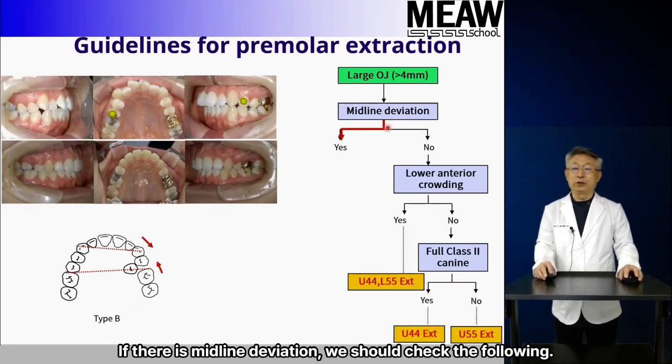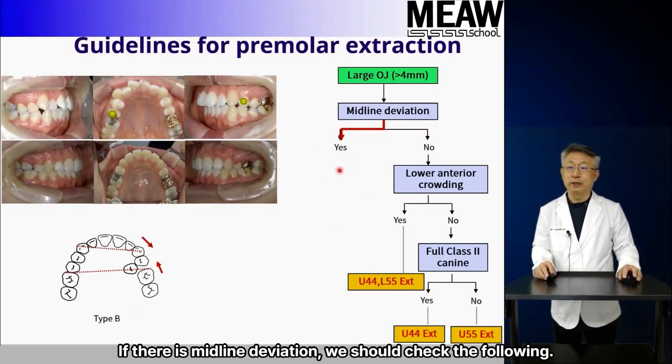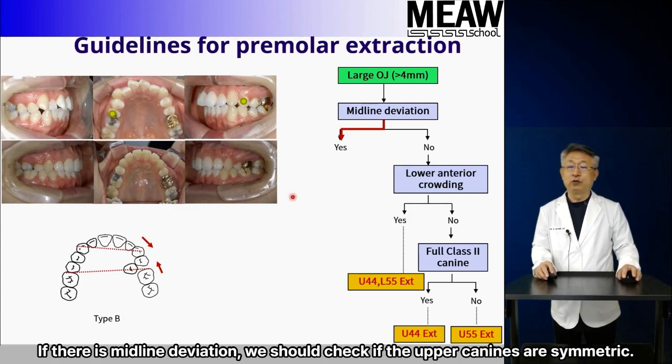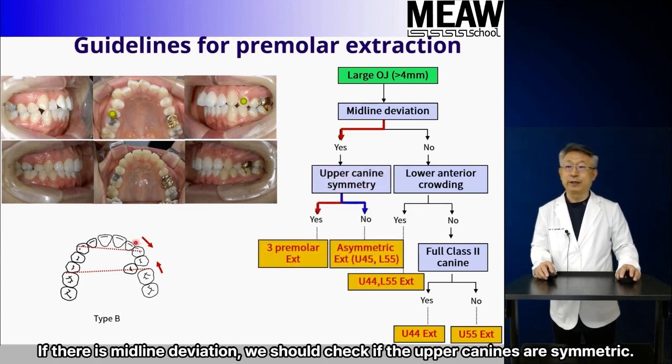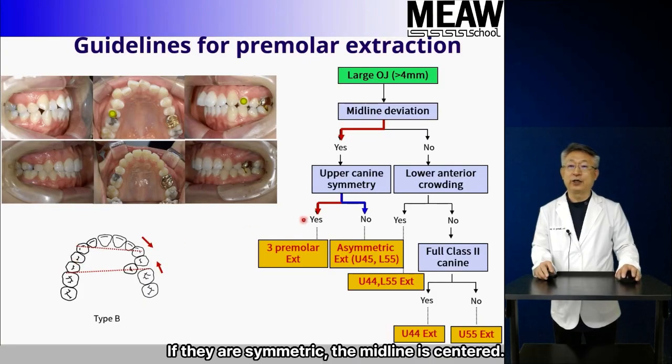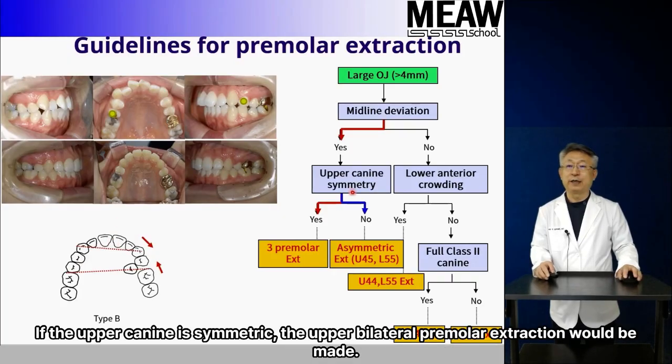If there is midline deviation, we should check the following. We should check if the upper canines are symmetric. If they are symmetric, the midline is centered. If the upper canines are symmetric, the upper bilateral premolar extraction would be made.